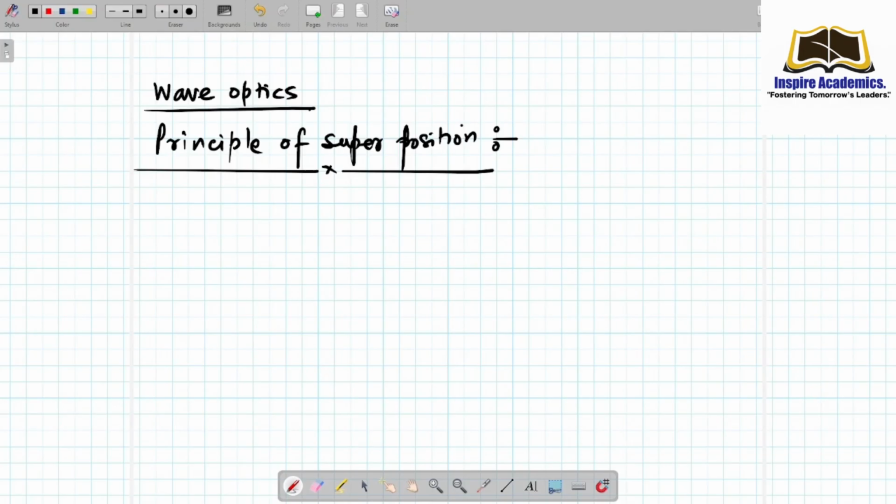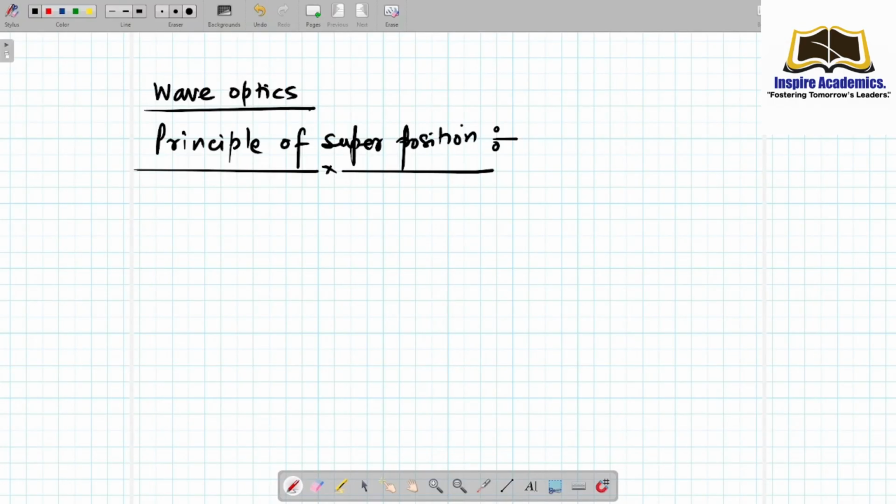An important part of this independent behavior of the waves is that the effect of all these waves get added together. So the resultant wave is obtained by the principle of superposition of waves. Okay. So how do we really say?